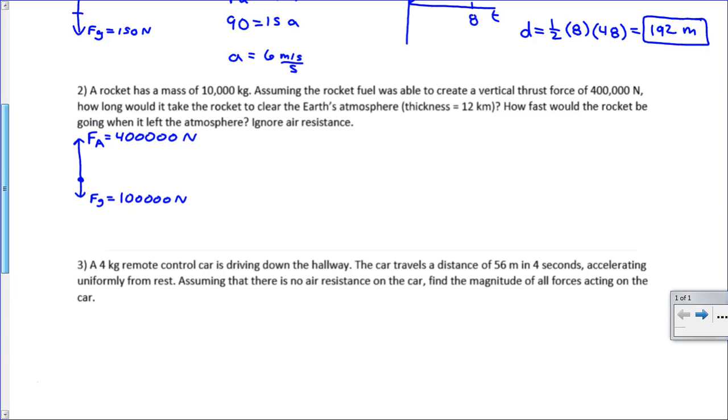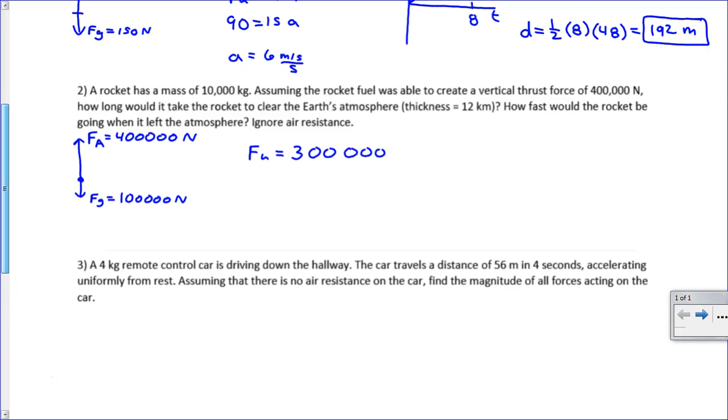And so what we've got then is an unbalanced force. You look at what doesn't cancel out here: there's 100,000 down and 400,000 up. It ends up being 300,000 up as the overall net force, or the unbalanced force, going upward. Then we can do the same thing that we did on the last problem where we say Fu equals ma.